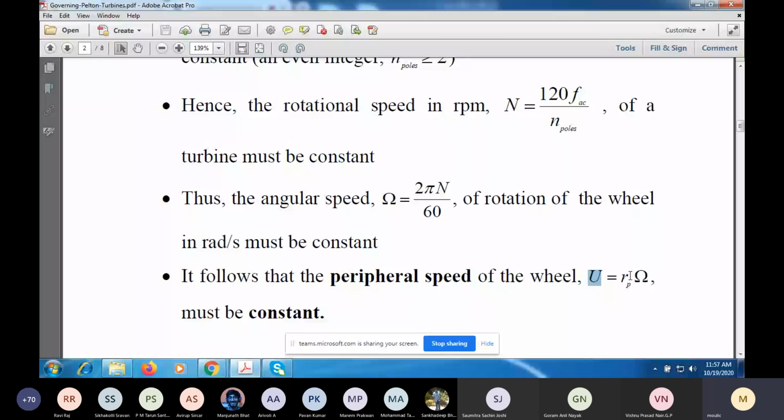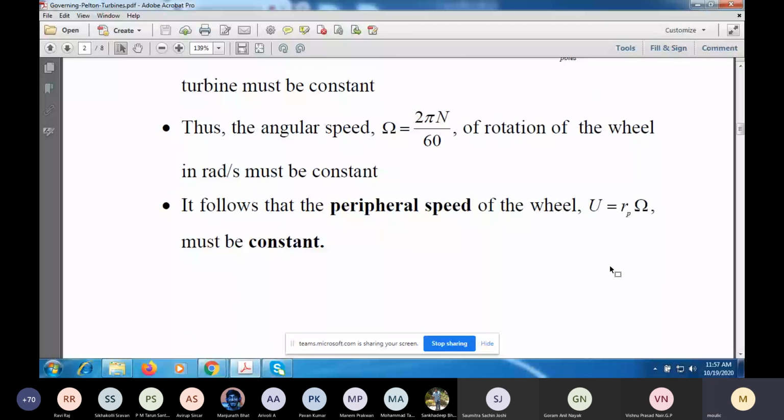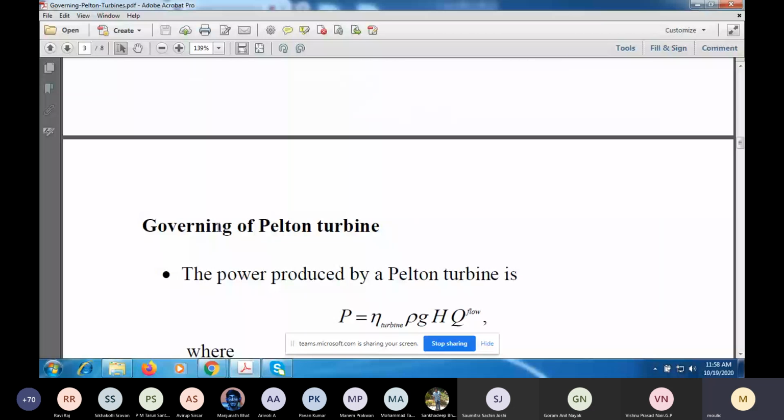Or if the pitch circle is not given in the problem, if the diameter of the wheel is given, it is simply D by 2, the diameter of the wheel by 2. So this must be kept constant. Okay. So whatever you do, you have to ensure that omega, or equivalently U, must be kept constant. And for that, you need to look at what is called governing of the Pelton turbine.